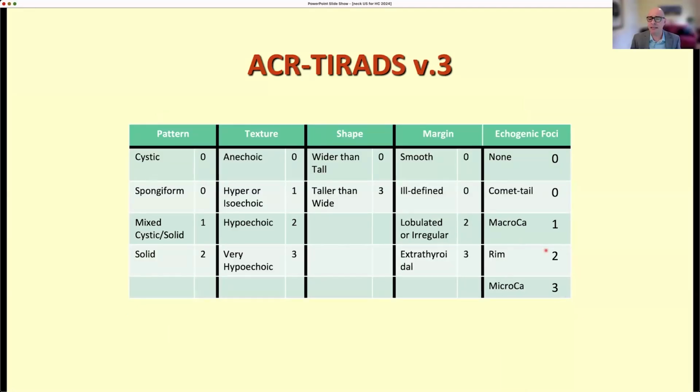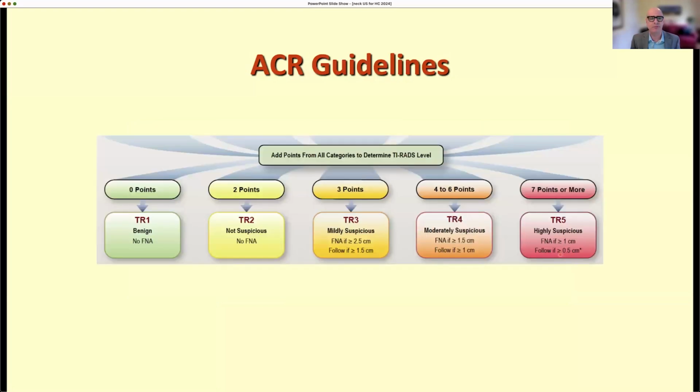And so it's important to distinguish the calcifications: macrocalcifications, rim calcifications, and microcalcifications, which are the ones I showed you before. And then you take each one of these and you put them into a score.